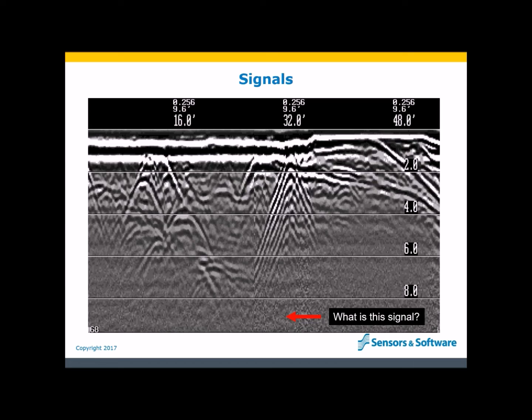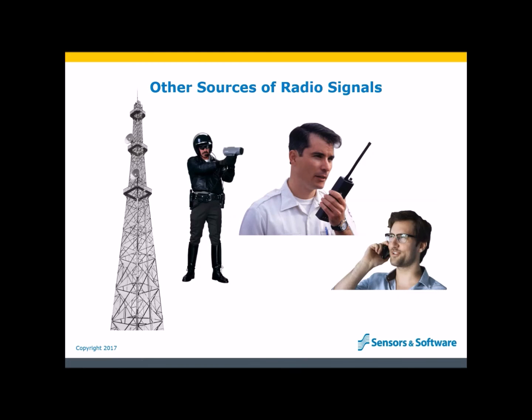And if the depth setting for your GPR line is deep enough, you should always see the background noise at the bottom of the line. RF noise comes from many different sources: radio stations, TV stations, walkie-talkies, cell phones, military communications. The sun emits radio waves. The universe emits radio waves.